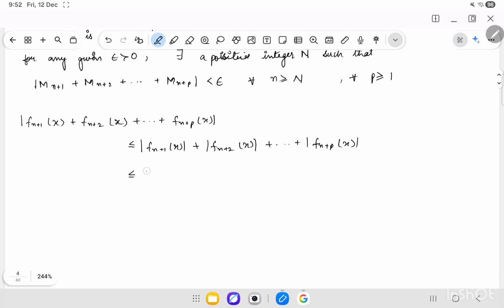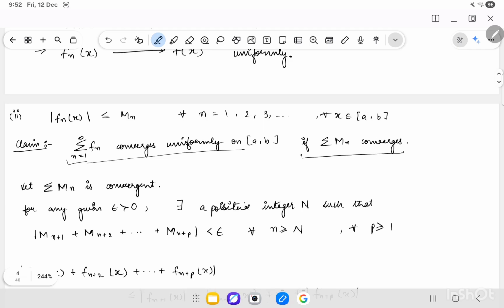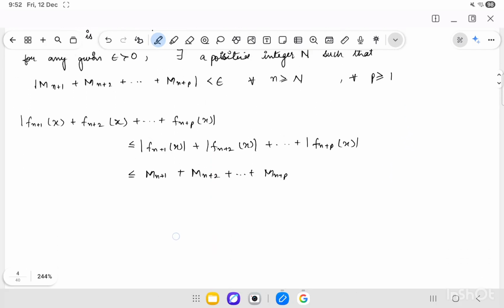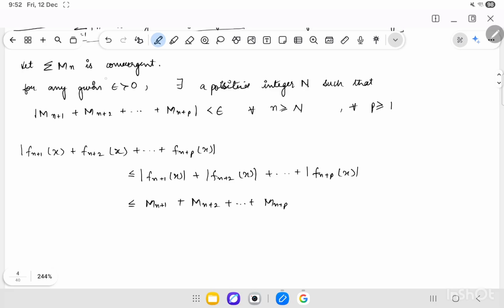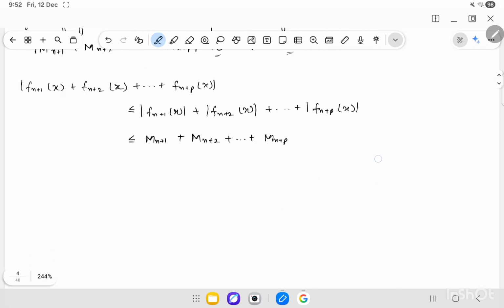Now this must be less than or equal to Mn+1 + Mn+2 and so on up till Mn+p, because it is given to us that the absolute value of fn(x) is less than or equal to Mn, and it holds for all n and for all x belonging to the closed interval [a, b]. And using the convergence definition of the summation of Mn, we have just proved that this is less than epsilon for all n greater than or equal to capital N and for all p greater than or equal to 1. So this must be less than epsilon for all n greater than or equal to N and for all p greater than or equal to 1.